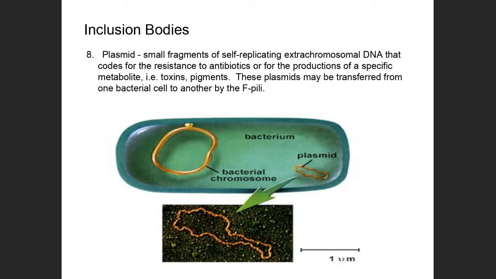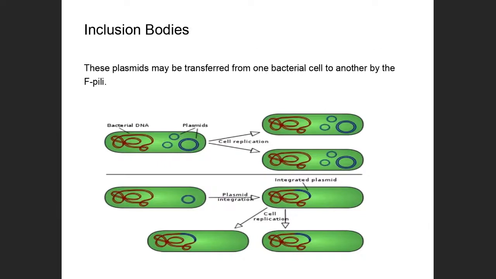Here is a distinction between the chromosomal DNA and the plasmid DNA. Remember, the plasmid DNA is small, self-replicating, and extrachromosomal, away from the chromosome. This next image shows that every time the cell replicates, each of the new cells gets a copy of that plasmid.